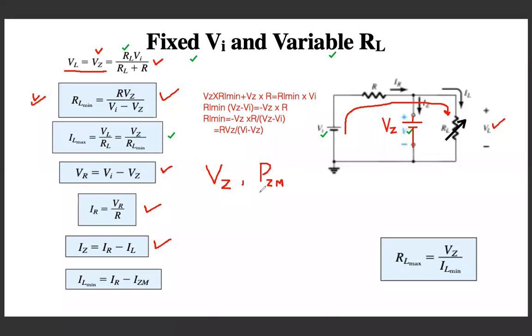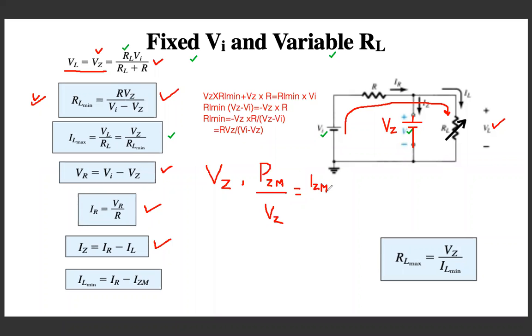So we can simply divide this PZM by VZ, and we will get the value of IZM, that is the maximum value of current that the diode can allow to pass through it.